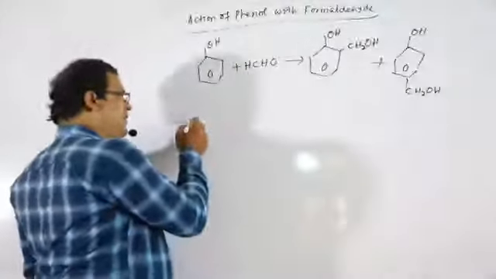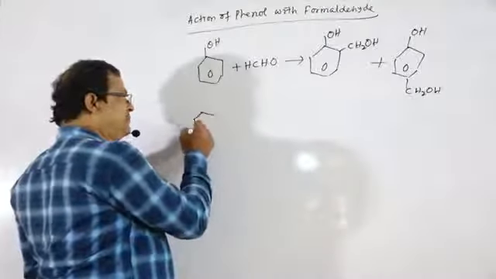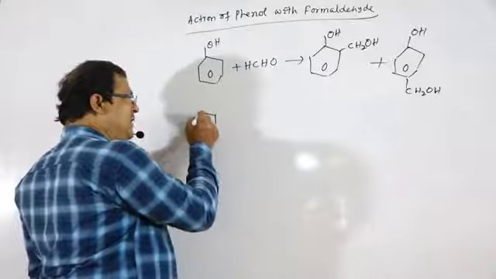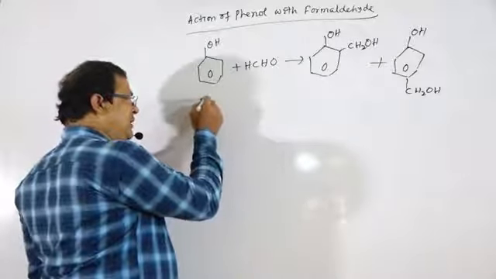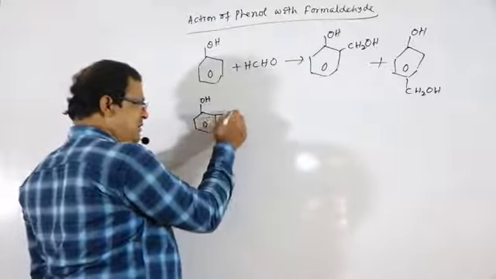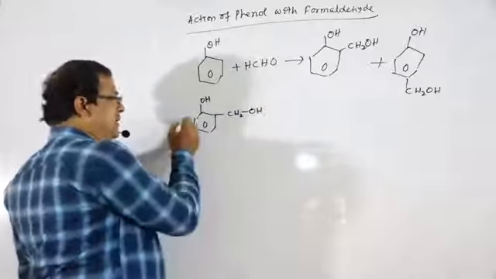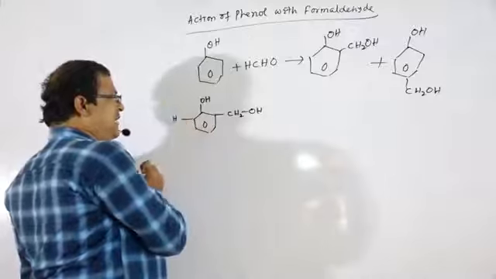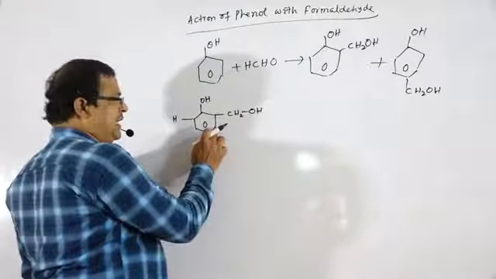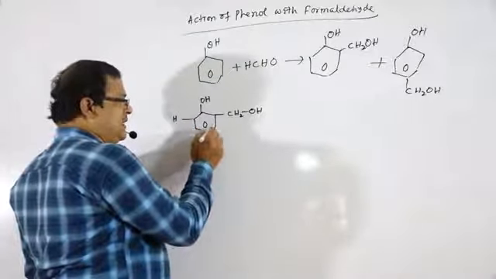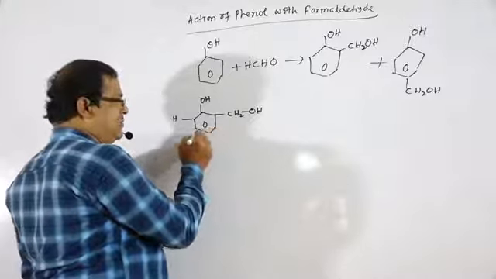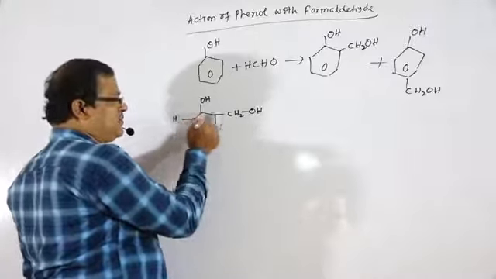So whenever you take this, this is your OH, that is CH2OH, this is your ortho product. The other positions contain hydrogen atoms, the carbon atom is attached to a hydrogen atom at each point except these 2 points.